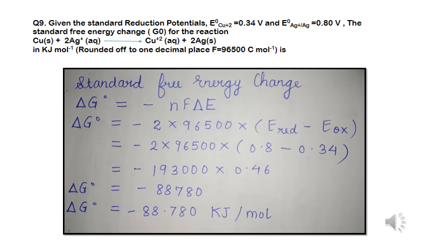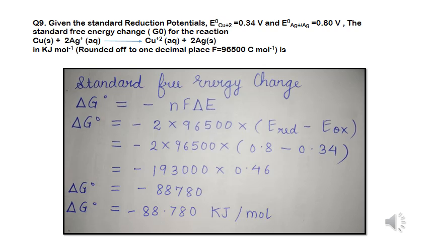So you have to find here the standard free energy change. One equation which relates these two quantities is delta G0 is equal to minus N into F into delta E. And delta E is the standard reduction potential for the element which is being reduced minus the standard reduction potential for the element which is oxidized.